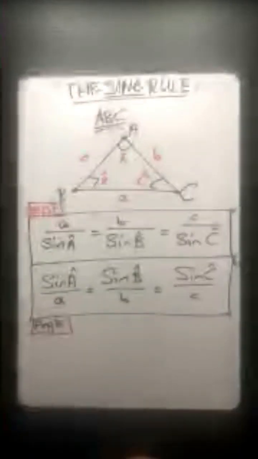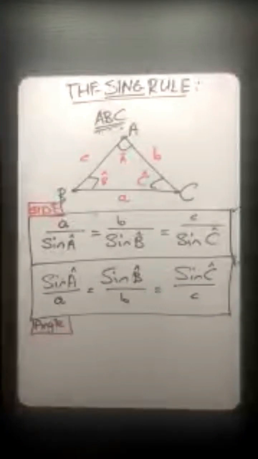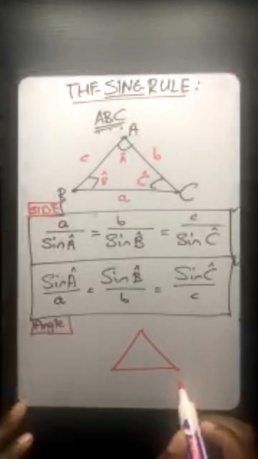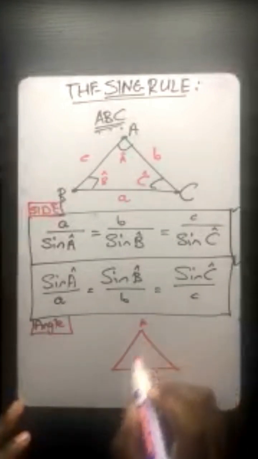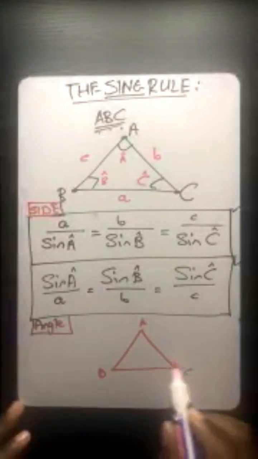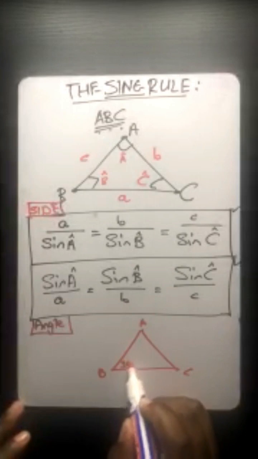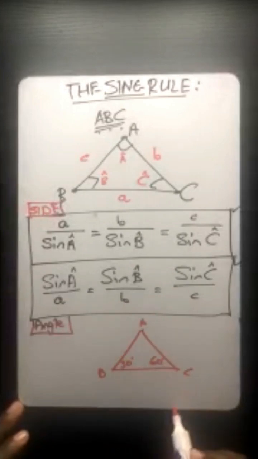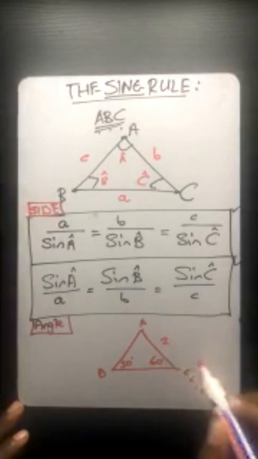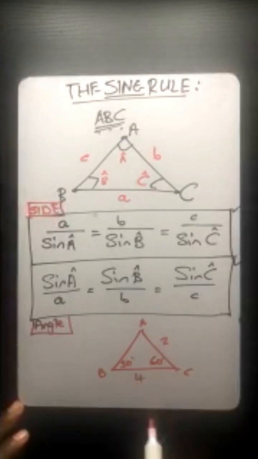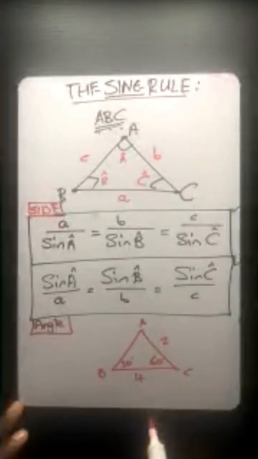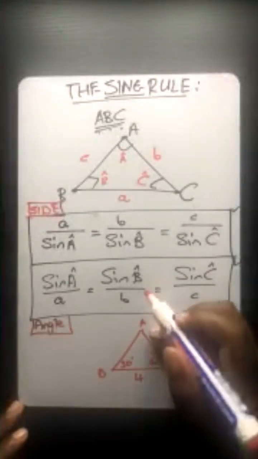Yes. Okay, this is what I'm going to say, honorable member. Maybe just as an example, let's say they say A, B, C, and then they say this angle is 30, and this one is 60, and then let's say this side is 2, and this one is maybe 4. But wait.